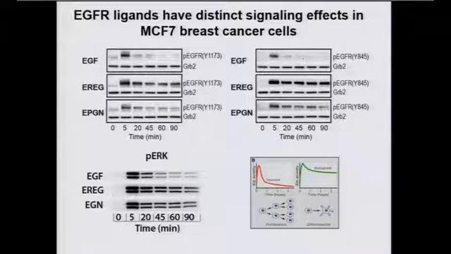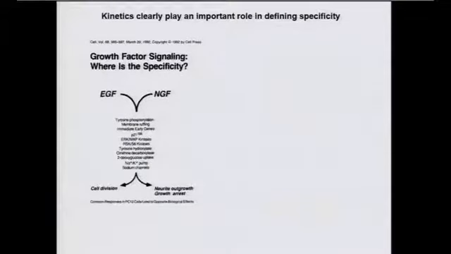And as you're probably aware, in the PC12 example, there was a lot of work done in the 90s trying to discern what is the basis of the specificity when you have these two growth factors, epidermal growth factor and nerve growth factor, activating receptor tyrosine kinases that seem to use the same set of downstream signaling molecules. How can one lead to cell division and the other lead to neurite outgrowth and growth arrest? Where is the specificity?